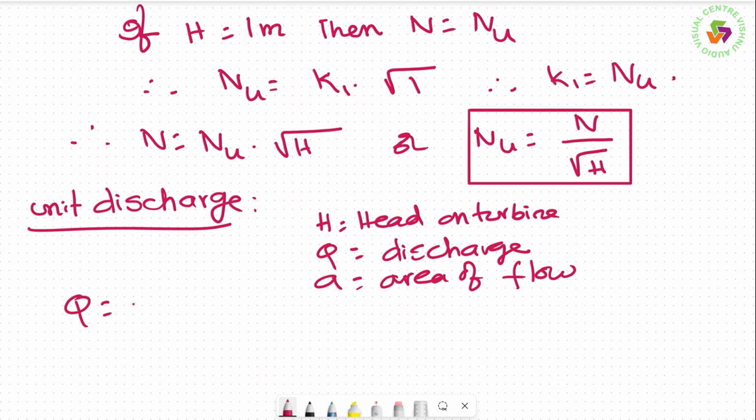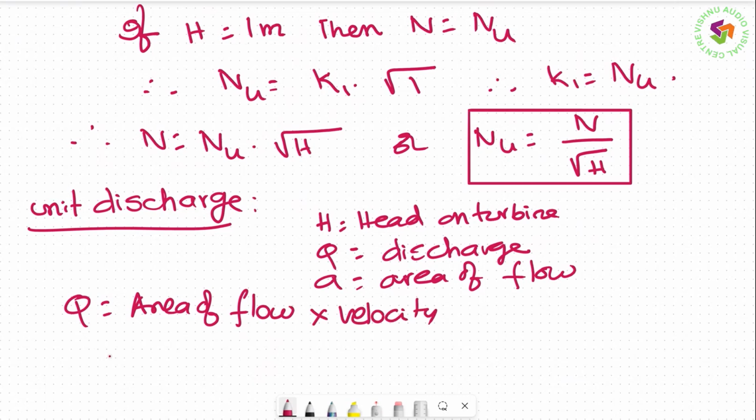That Q is equal to area of flow into velocity. So therefore, Q is equal to area into velocity.